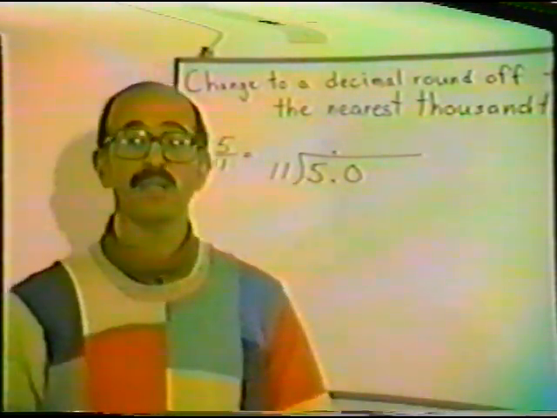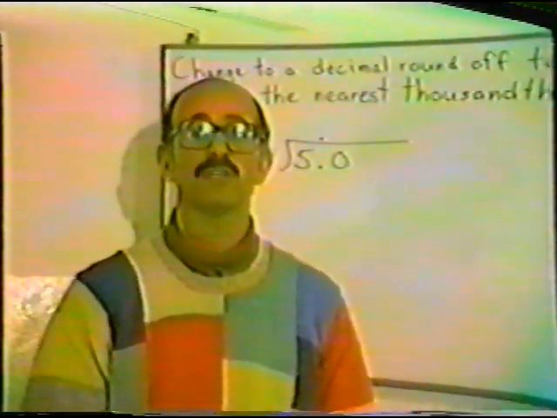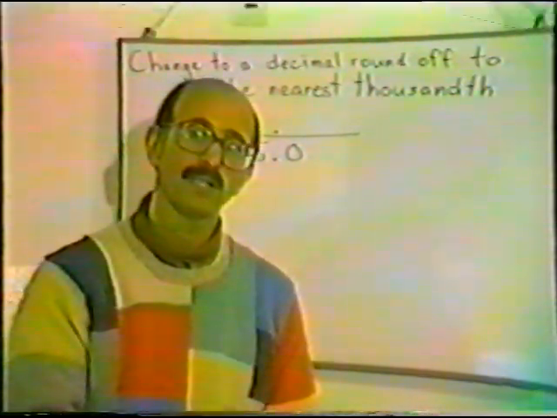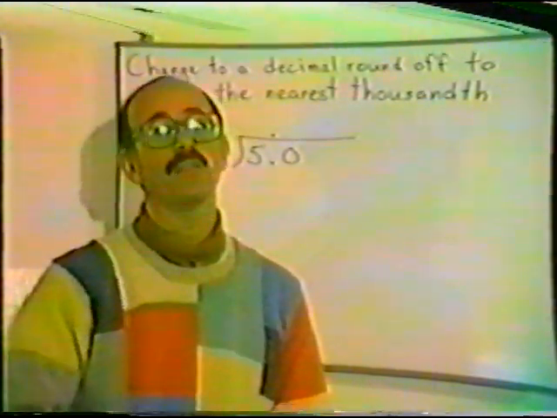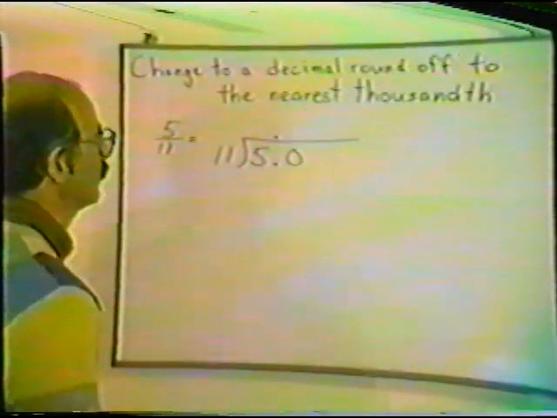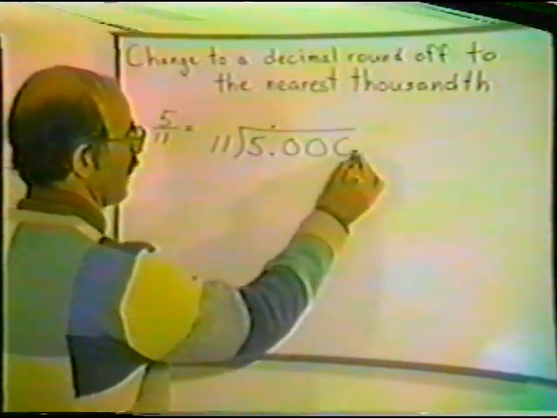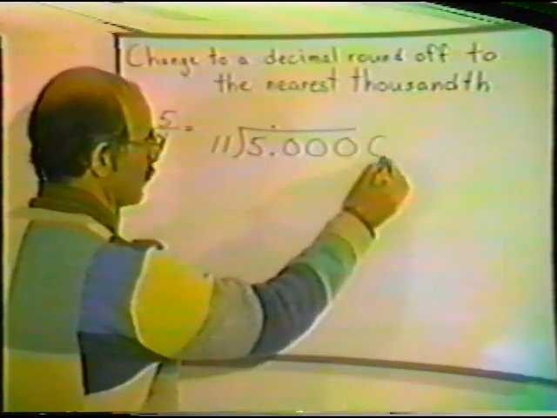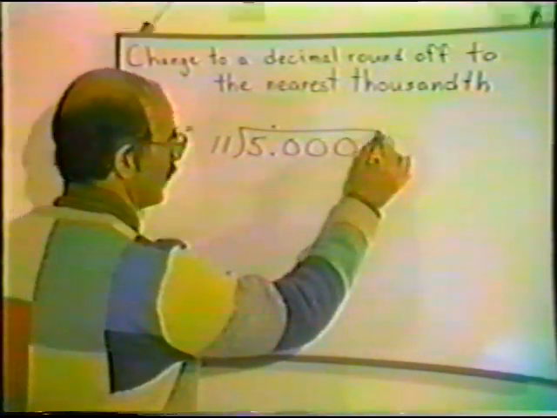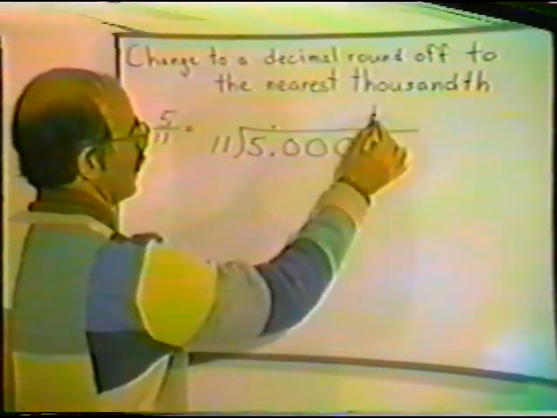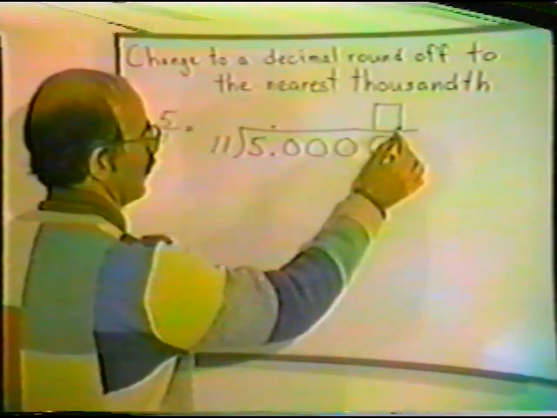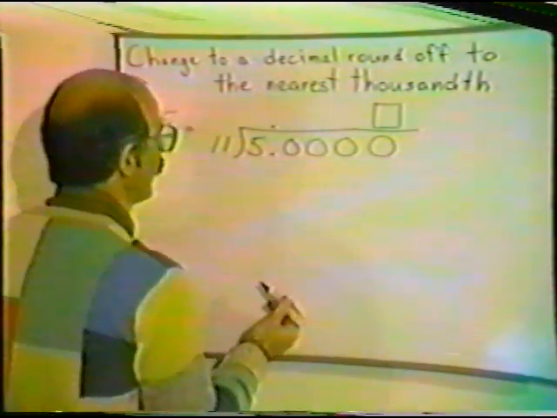That means we have to carry out the division one place beyond the thousandths place. Tenths, hundredths, thousandths, and one place beyond is the ten-thousandths. We have to carry it that far.